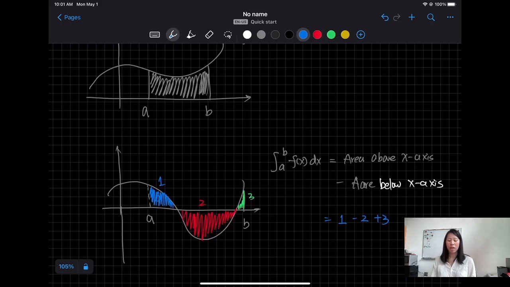So how do you interpret this one? Think about it. If this graph is related to velocity, a positive velocity means you go toward your destination. If you have a negative velocity, you turn around and go back. That means the distance you travel from where you began is getting less.